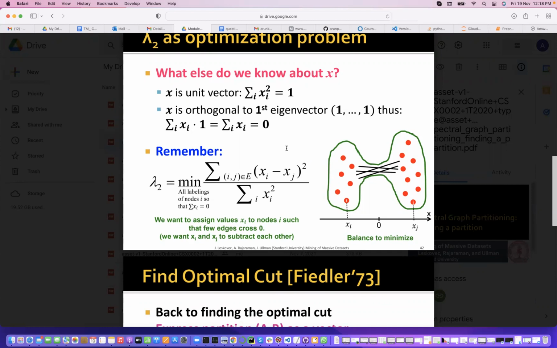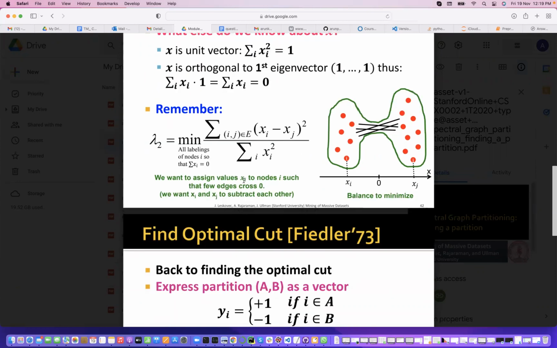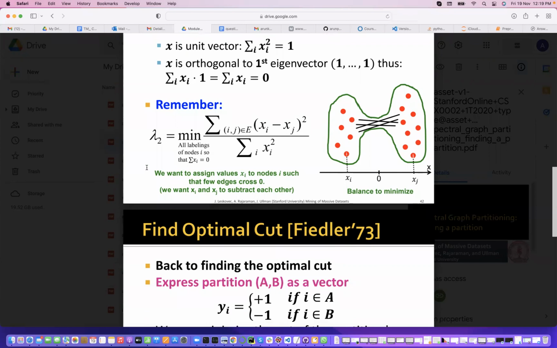Thus the sum over i of xi equals 0. So finally we are getting lambda 2 equal to the minimum over all labelings of nodes i, so that the sum of xi equals 0, of the sum over ij in E of (xi minus xj) whole square divided by the sum of xi square.